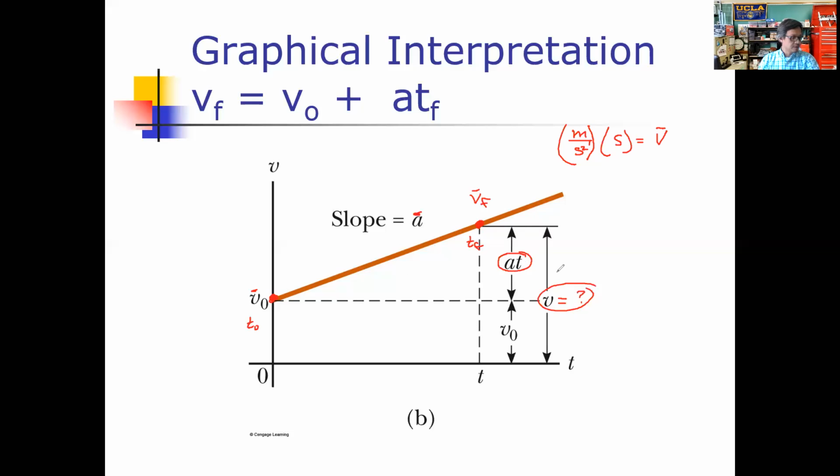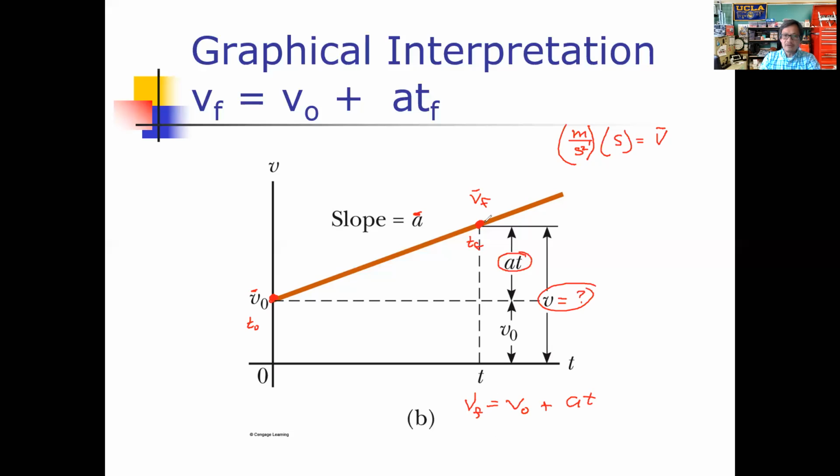And so in order to get v final, to get to this point here, we need to take the initial velocity and add it to this change here, which represents a times t, and that will give us v final. And that was the equation, folks.